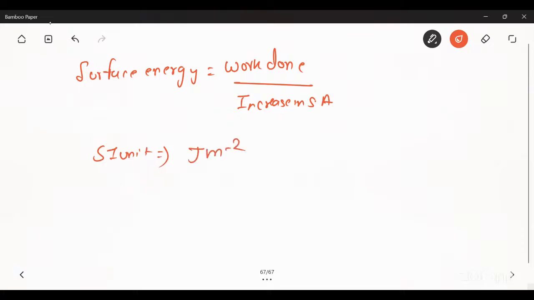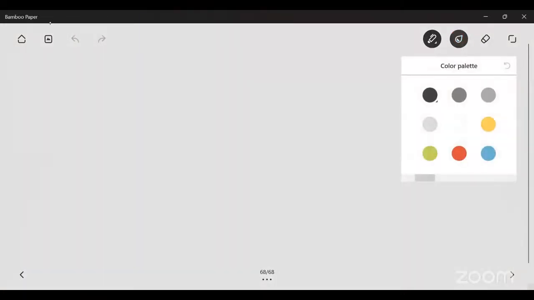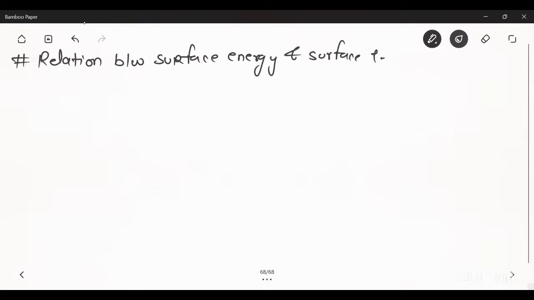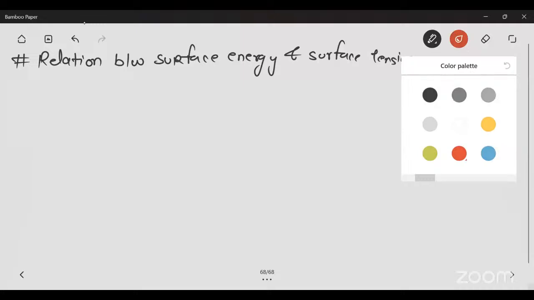So the relation between surface energy and surface tension is a very important topic from the point of view of your examination.